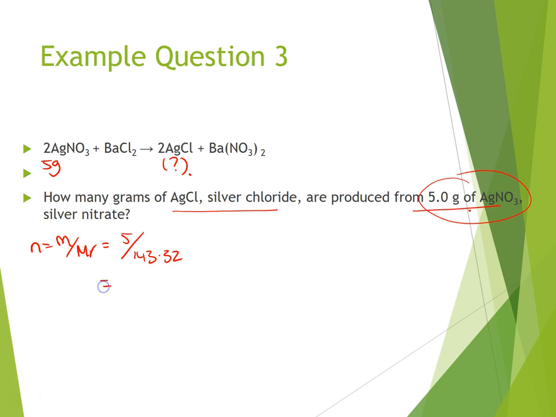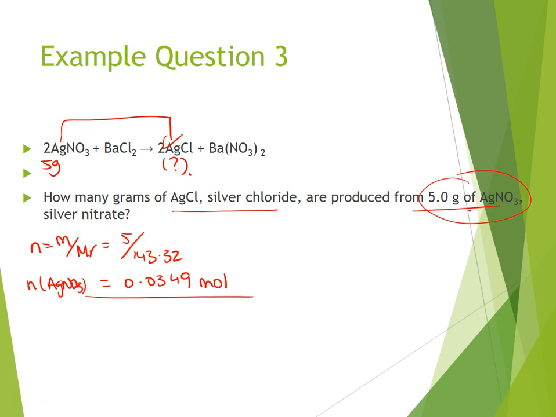If we take that 5 divided by 143.32, we get 0.0349 mole, and that is n of AgNO3.